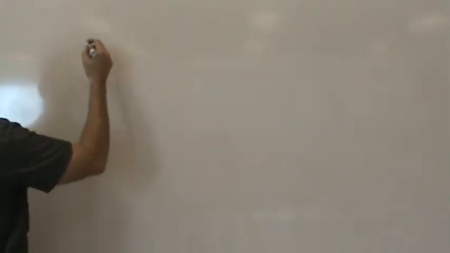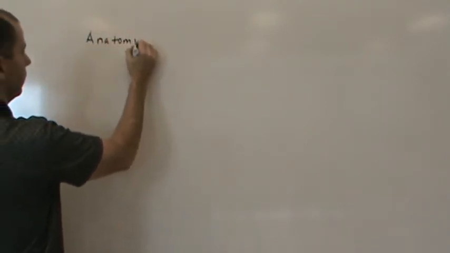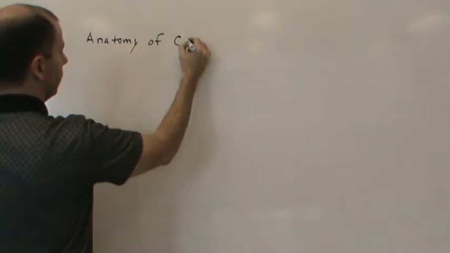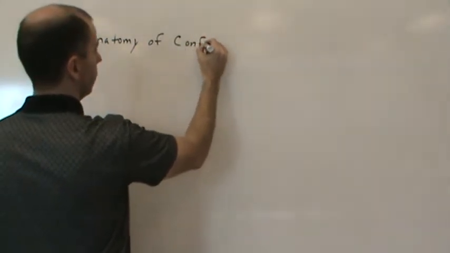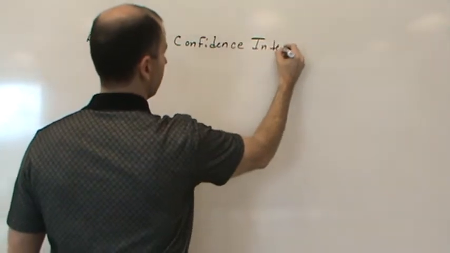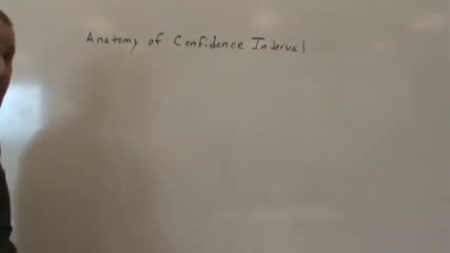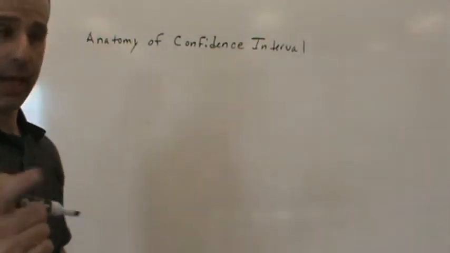So here are the formulas. Remember, the anatomy of a confidence interval. So what do we got? We have the point estimate and the margin of error.